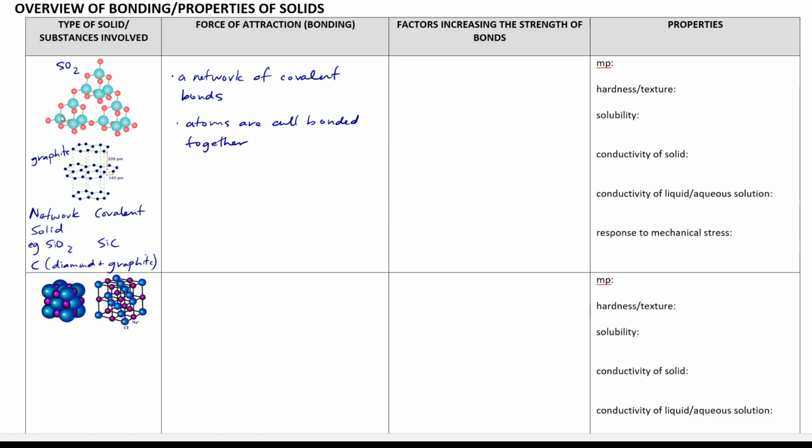As you see, the atoms are all bonded together through covalent bonds to form one large, what is called a macromolecule. So macro meaning large scale, macromolecule.